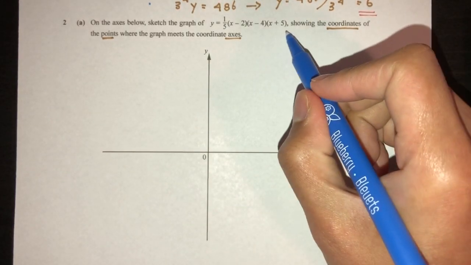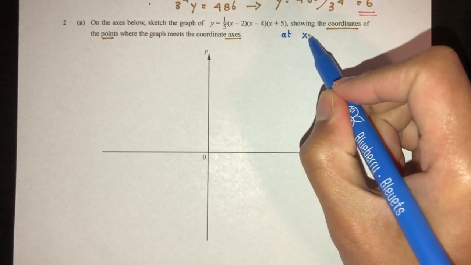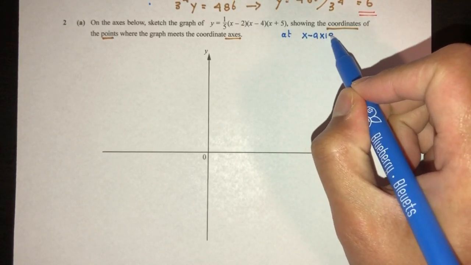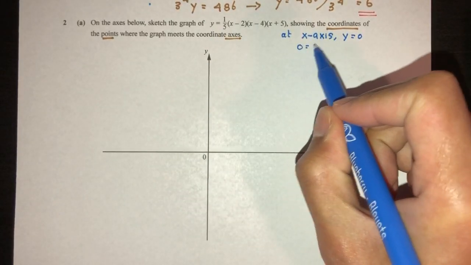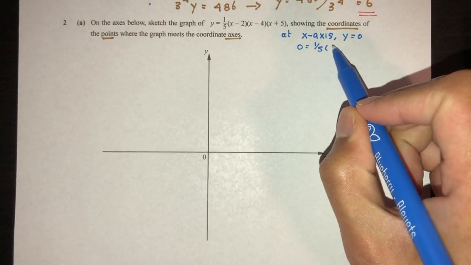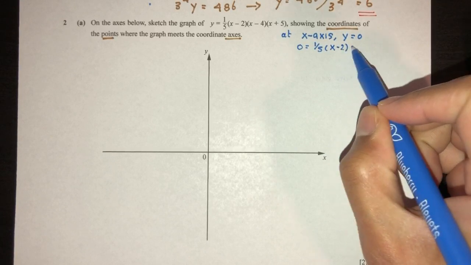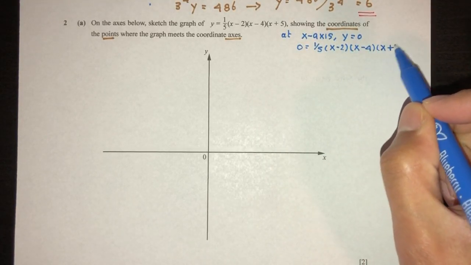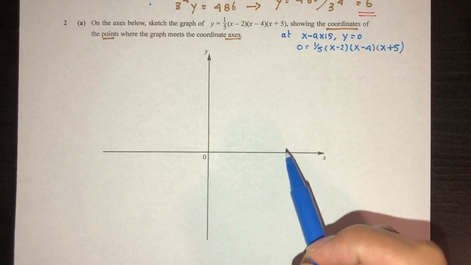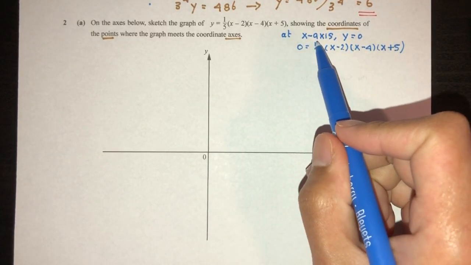So you would say at x-axis, we know the value of y is 0, so replace, you will have 0 equals 1 over 5, x minus 2, x minus 4, x plus 5. So now we have to solve this equation. As you can see here, we have a fraction.